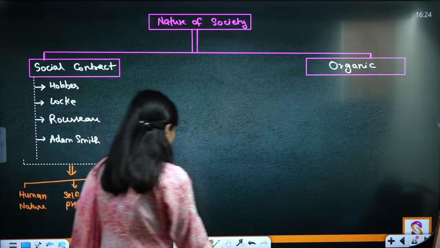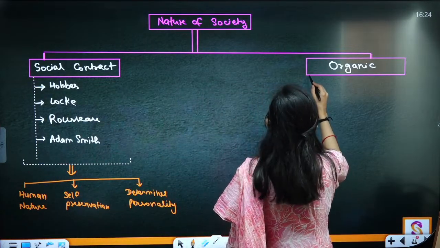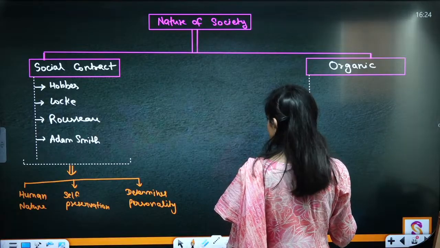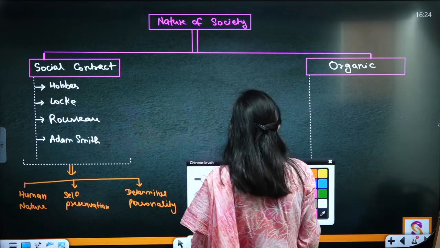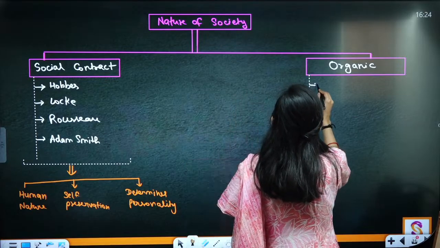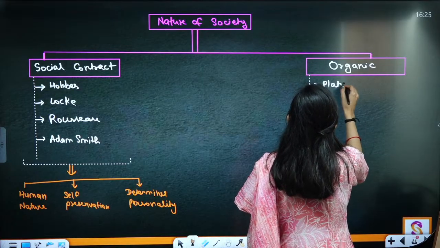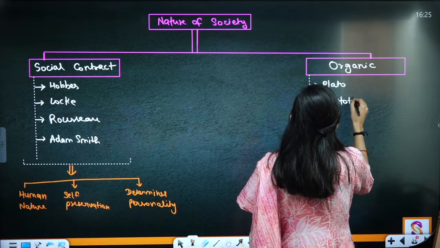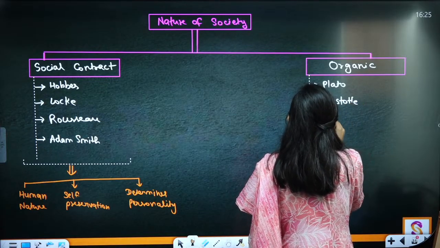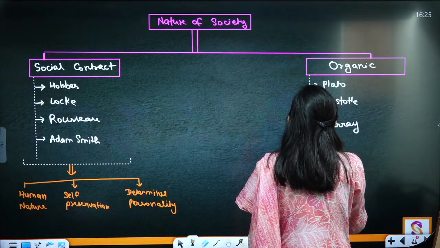Now taking up the organic view, we took the examples of Plato, then Aristotle, then Murray, then Spencer.